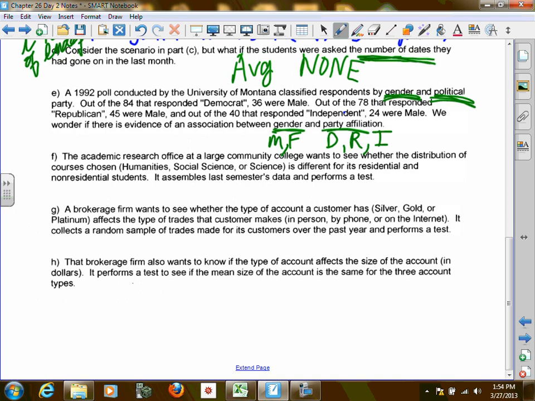Democrat, Republican, and Independent. So this ended up being asking if there was an association between gender and political party. So what's that? Chi-squared test of independence.